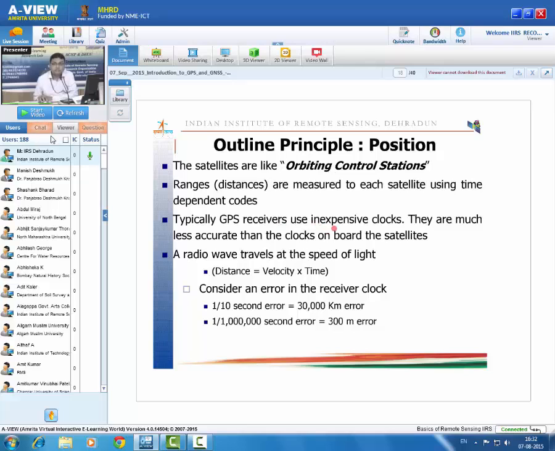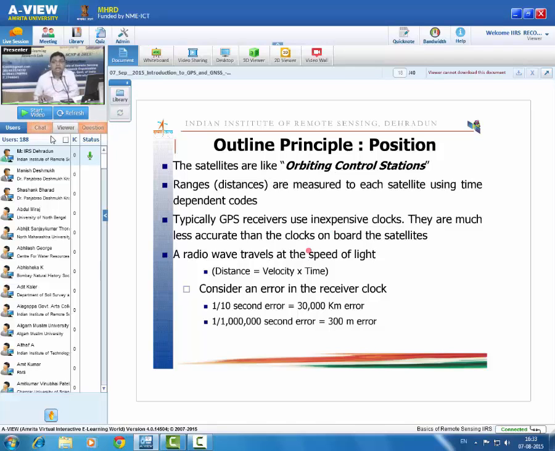So there is a precision difference between the two types of clocks, which gives us the fourth unknown parameter, which is called clock bias. And because of that, we require, instead of 3 satellites, 4 satellites to solve the equations.